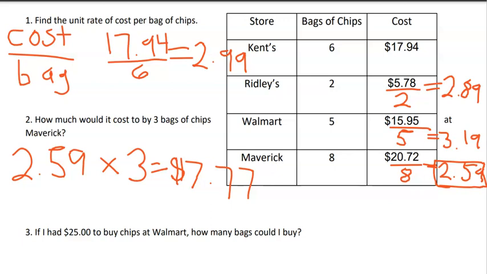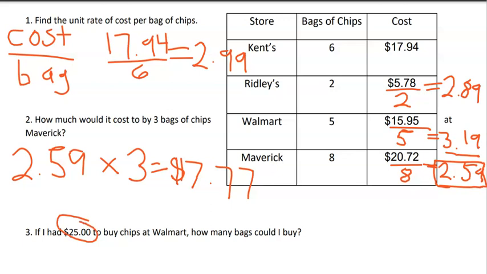For number 3, this question says, if I had $25 to buy chips at Walmart, how many bags could I buy? So we're looking at Walmart's. We already found our unit rate. We found over here that it cost us $3.19 for 1 bag. So looking over here, we have a total of $25.